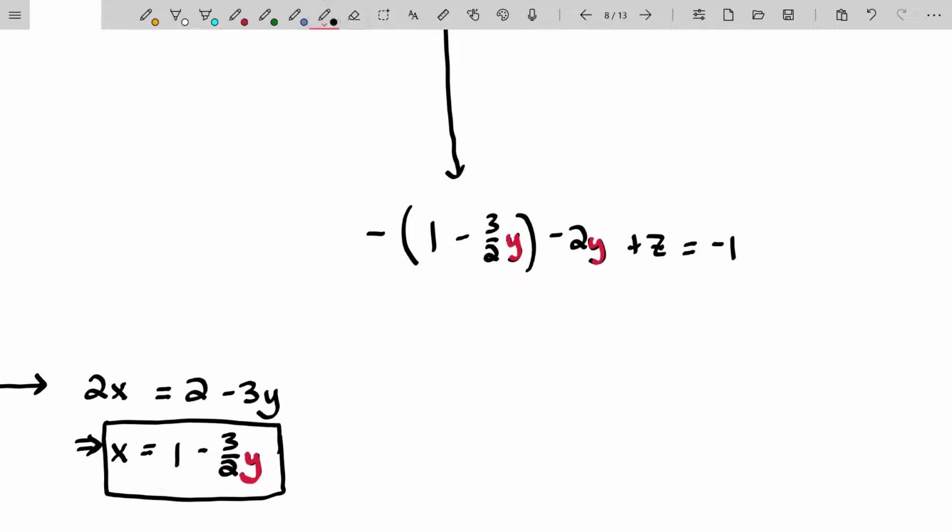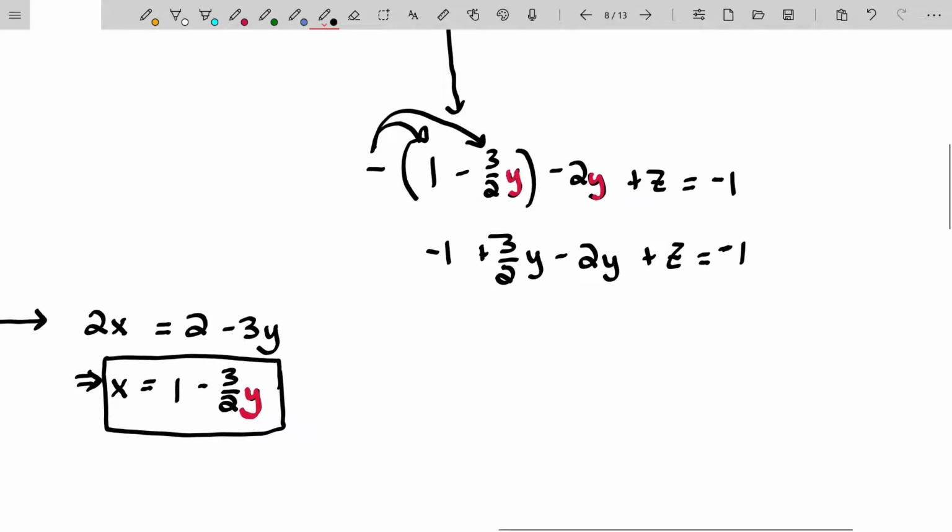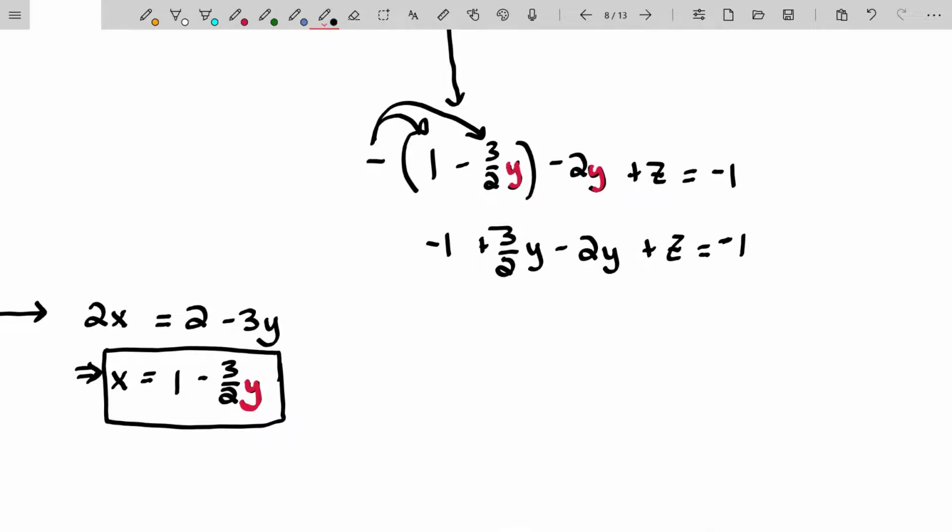Let's go ahead and do that. I'll distribute this negative to each of these terms. That'd be a -1 plus 3 halves y minus 2y plus z is equal to -1. I'll add 1 to both sides, which means the negative ones disappear. And 3 halves y minus 2y is -1/2 y.